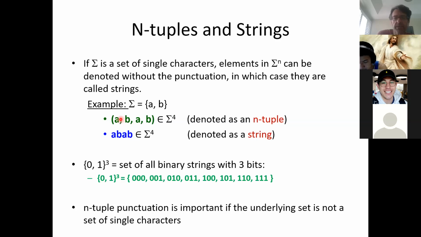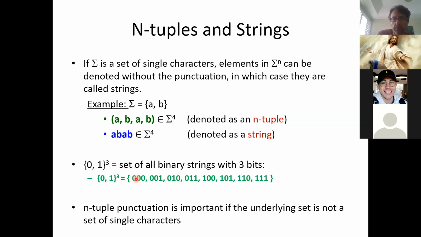Or I can just ignore brackets and commas and write it this way. This is the string notation, just a different notation for elements of the set. Look at bit strings, right? I don't write bit strings as 0, 0, 0, 0, 0, 0, 1. No, I just write them as 0000001, etc. And I can do this for every alphabet.